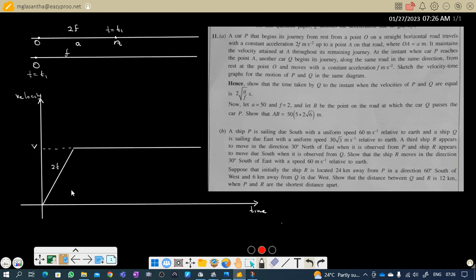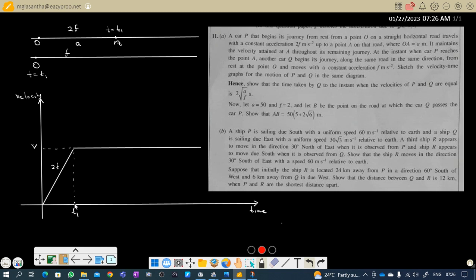Then the second car: when car P reaches A, the second car Q starts from rest, but it has lower acceleration.